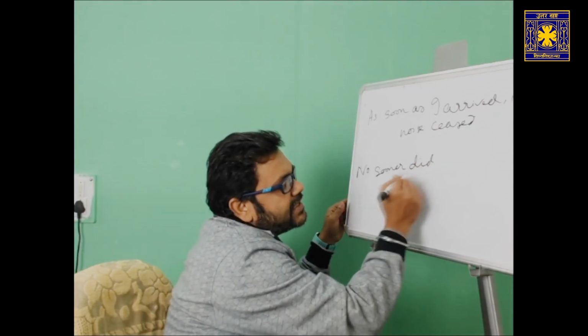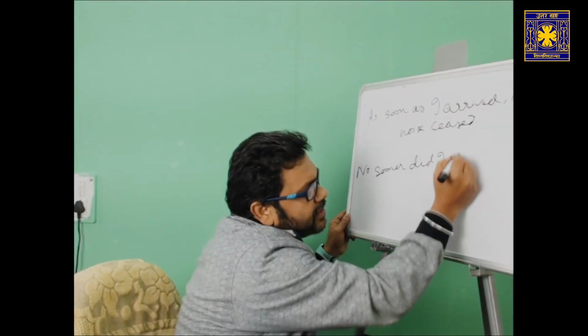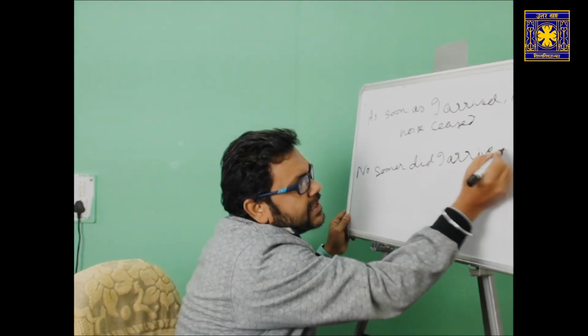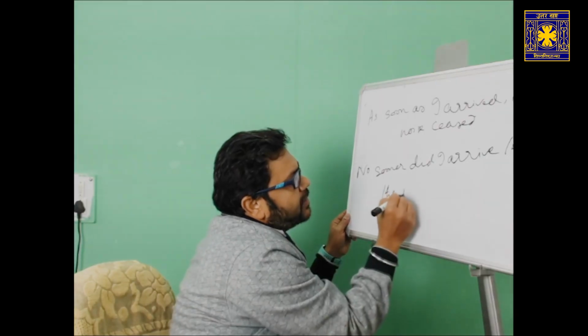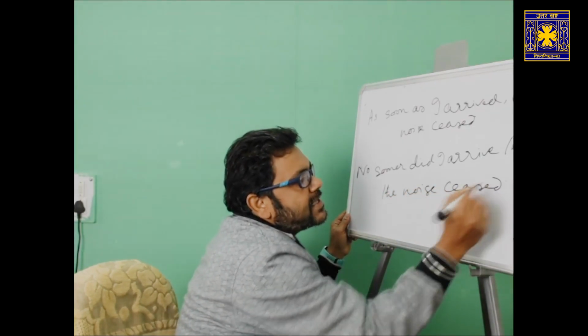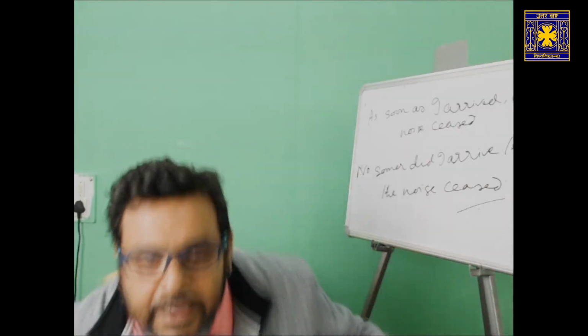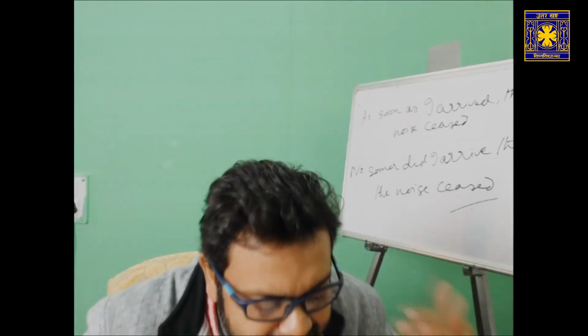I use did here, so did I arrive? It won't be arrived. No sooner did I arrive than the noise ceased. So this is another example of transformation from affirmative to negative.